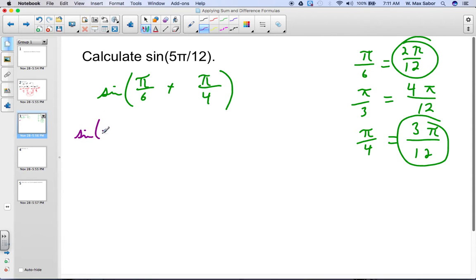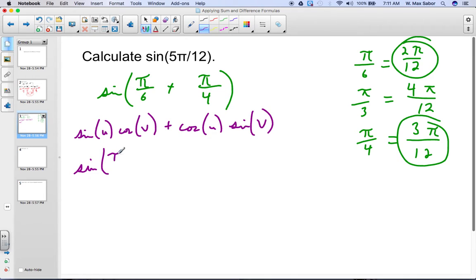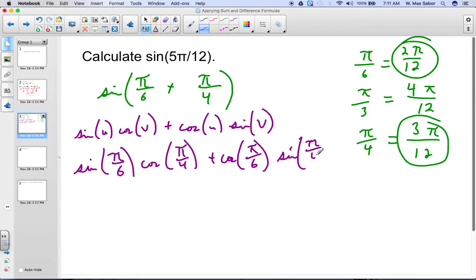Well, it was sine of u, cosine of v, plus cosine of u, sine of v. So u is pi over 6, cosine pi over 4, cosine pi over 6, sine pi over 4.